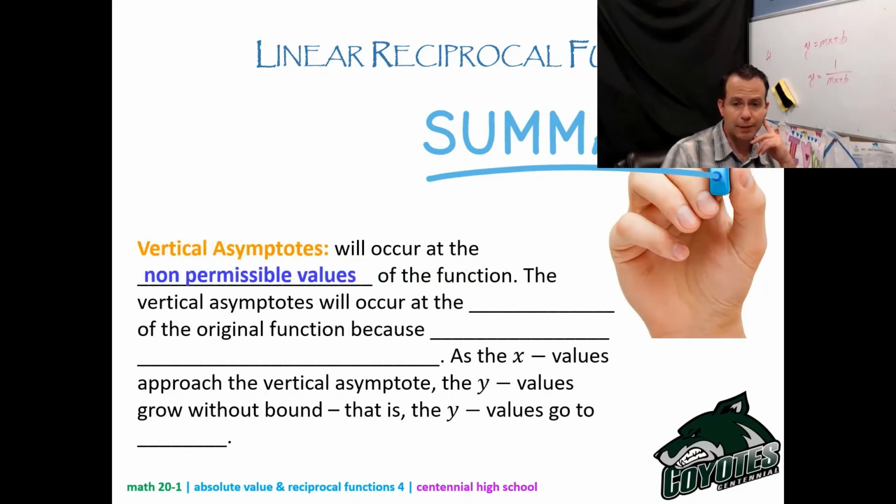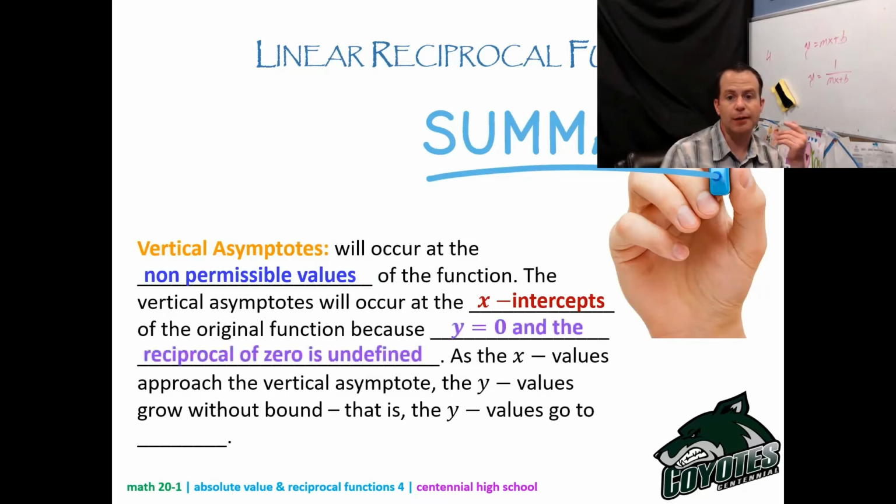All right, and then vertical asymptotes will occur at the non-permissible values of the function. The vertical asymptotes will occur at the x-intercepts of the original function because the y value there is 0 and I can't reciprocate 0. Okay, I can't take the reciprocal of 0, that would be undefined. As the x values approach the vertical asymptote, the y values grow without bound. Okay, that is the y values go to infinity.